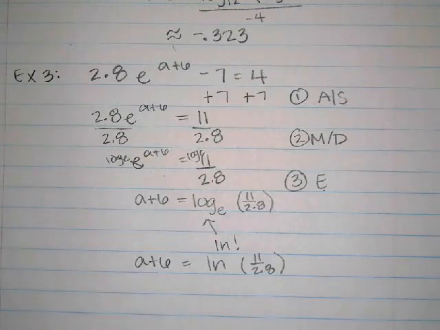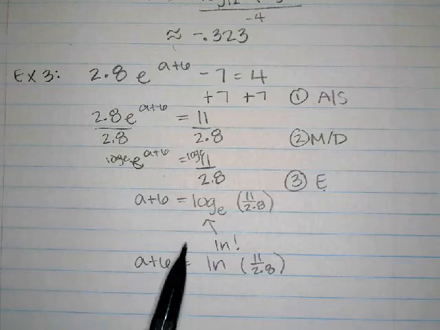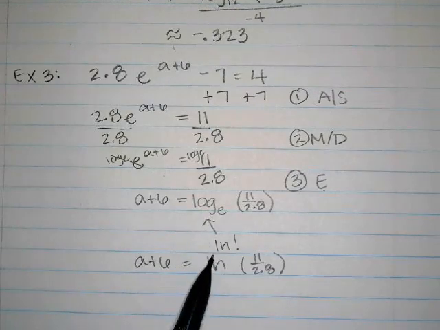And some students, whenever they see an ln, they have to remember, oh, ln is just log base E. So some of you guys will be able to go directly there. Some of you guys will have to stop and remember every single time you see an ln, oh yeah, ln is log base E. So if you didn't go to the ln connection right away, that's okay. Just remember, ln and log base E are the same thing.